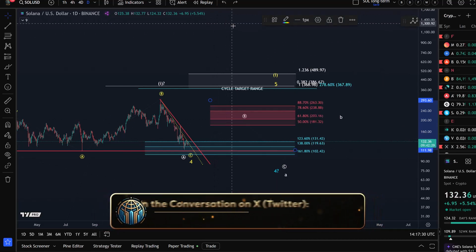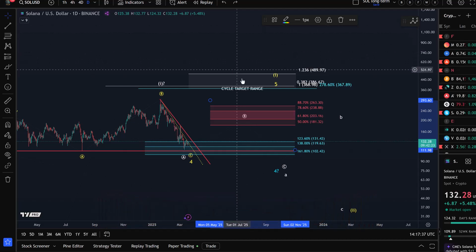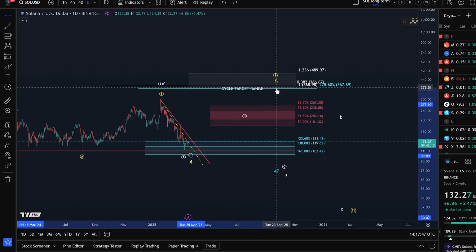So this is what we're tracking here at the moment on the smaller time frame. On the larger time frame, any break above, as I said, $263 will shift the focus to that $360 range. That is overall still an ideal target if we get another high, which would be the yellow scenario. These are the two scenarios I'm tracking. White: major top formed already.